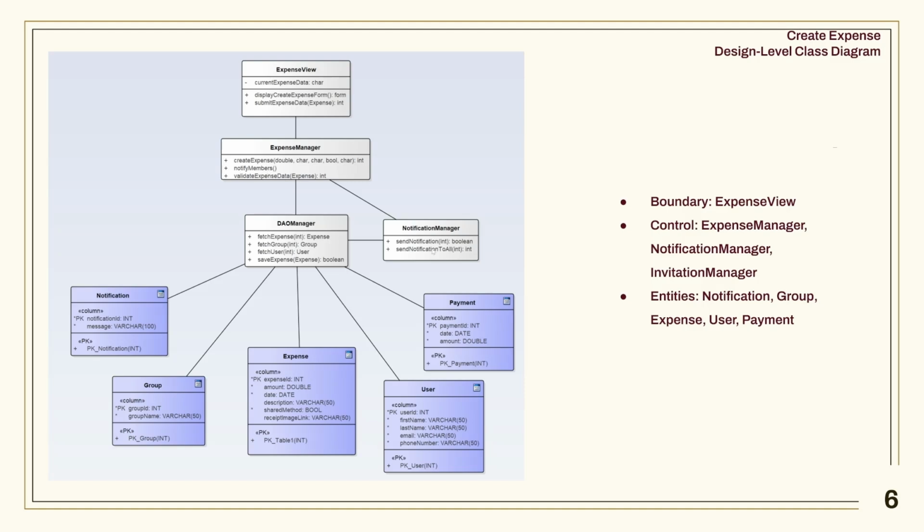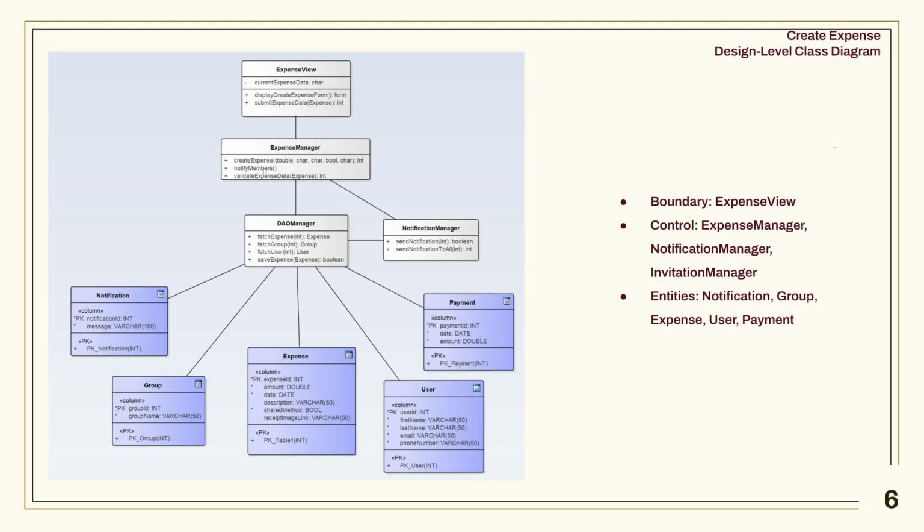It can also notify you through the notification manager. It validates the data before it does all of this. And then the DAO manager can fetch expense, fetch the group, fetch user, to get those data basically, and then save the expense.